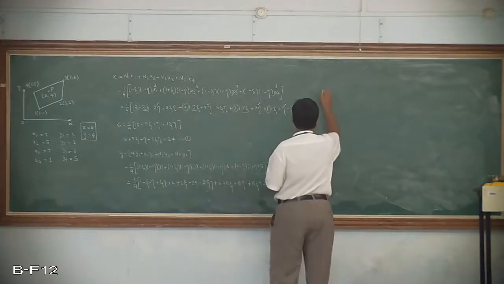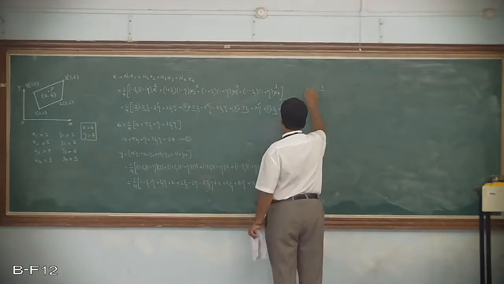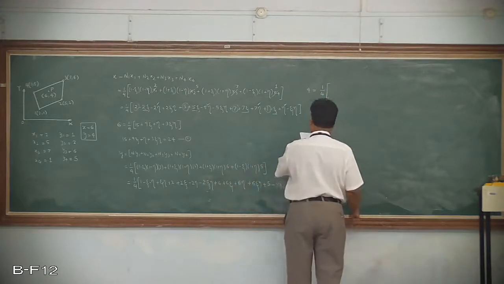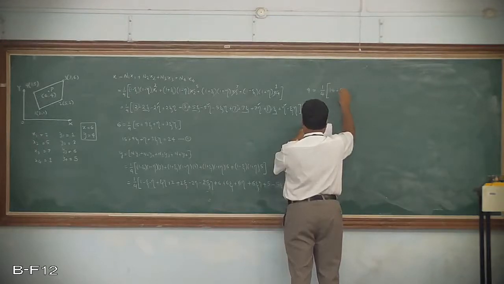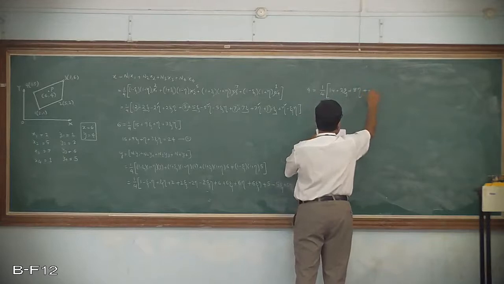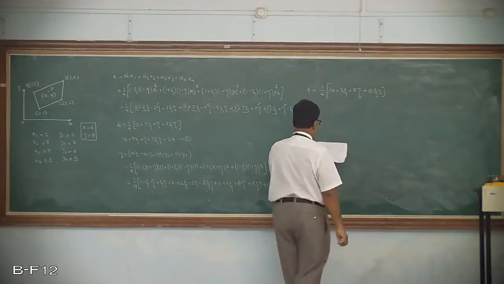This will come 1 by, see y. What is y? y is now 4. So, therefore, 4 equal to 1 by 4 into bracket. So, when you do all these things, 14 plus 2 zeta plus 8 eta plus 0 zeta eta, because there is no such term going to come there.